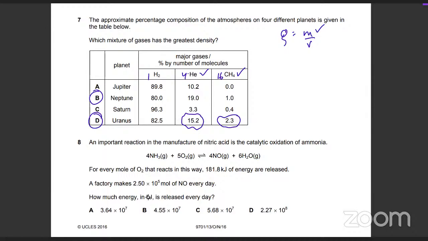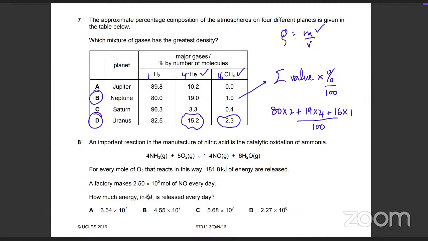Remember the formula for calculating averages: you multiply the value by its percentage abundance, and then divide by 100. If I do it for B, it's going to be 80 multiplied by the mass of hydrogen, that's 2, plus helium is 4, so 19% multiplied by 4, plus methane, that's 16 times 1%, all divided by 100.